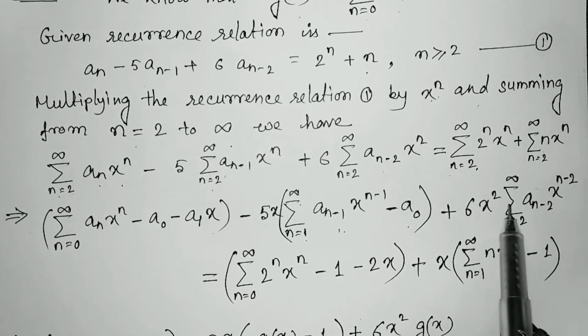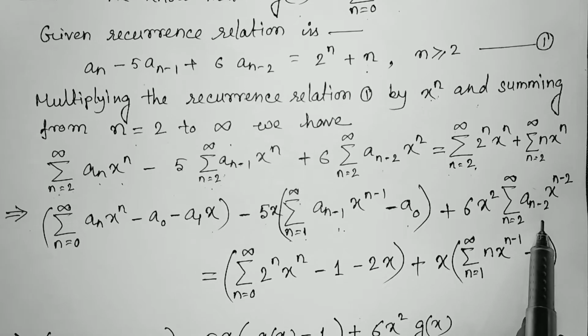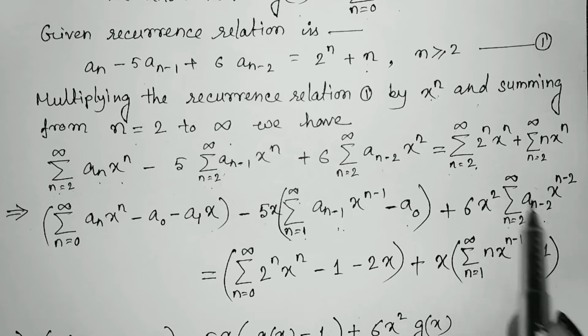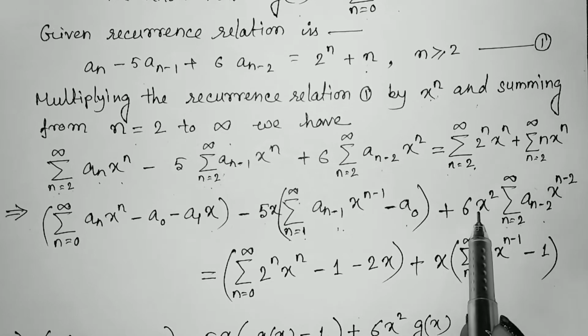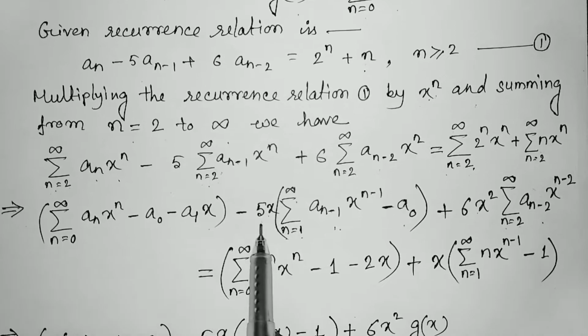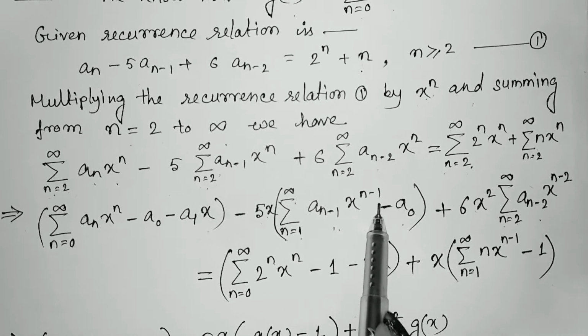Next it is the 6x squared of this one. Here no term will be extra, but as n from 2 to infinity is here, we should take x squared common. Similarly here we also take x common, so that it becomes x to the power n minus 1.